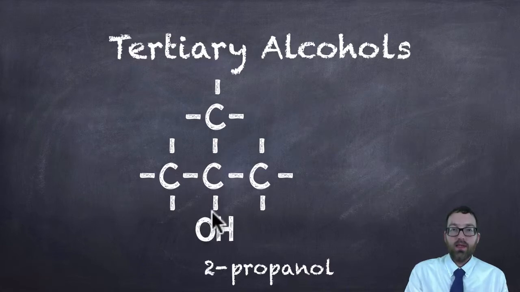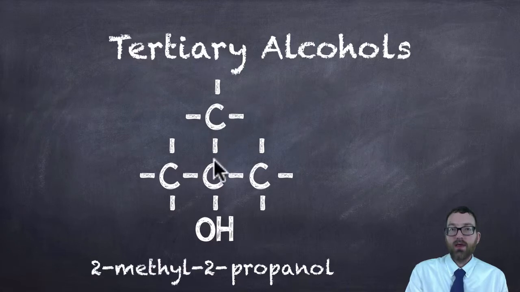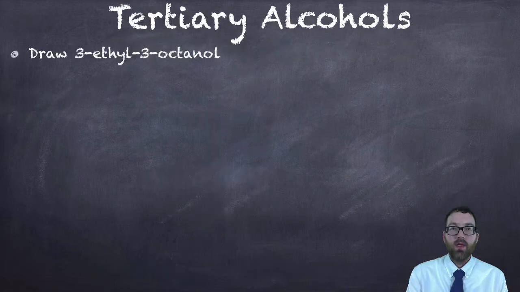And it is on the 2nd carbon, so this is a 2-propanol, but I need to pay attention to this side chain here. I need to give this a name and a number position as well. This is a methyl group because it's CH3, and it is also on the 2nd carbon. So this is 2-methyl-2-propanol.